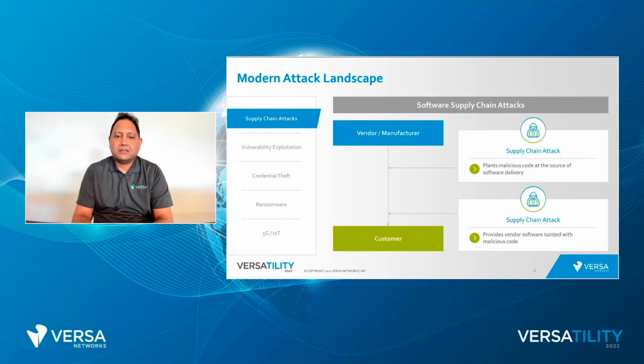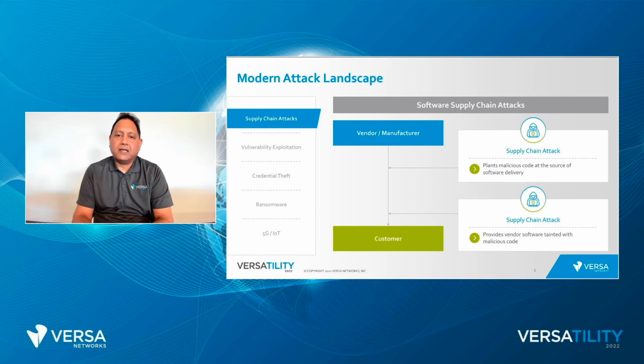In this case, if the customer doesn't have a mechanism to verify that the software is trusted, then if they download the software from a malicious website instead of from the actual vendor, potentially that software, when installed, contains malicious code in it, and that can be leveraged by the attacker.